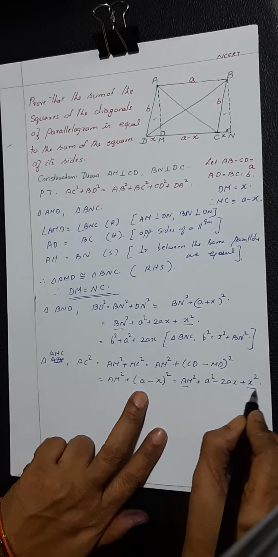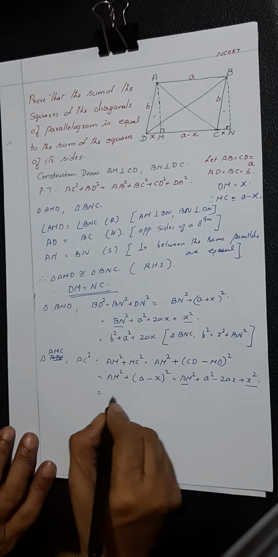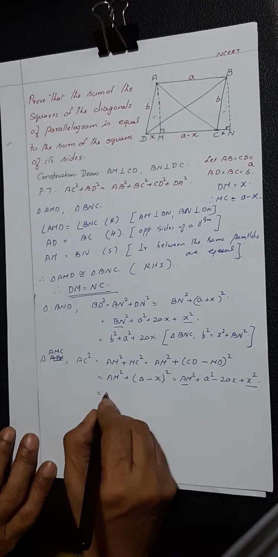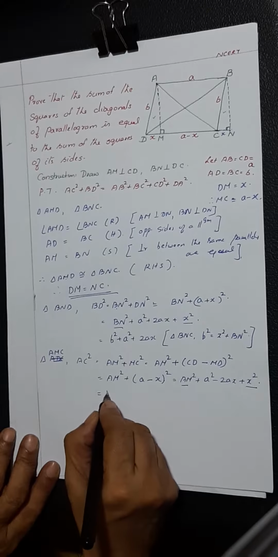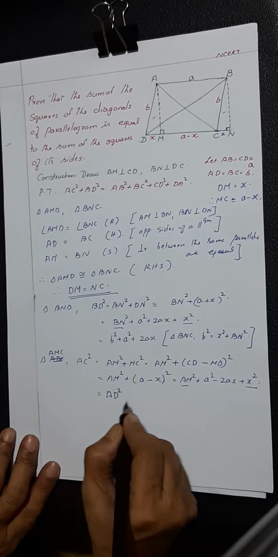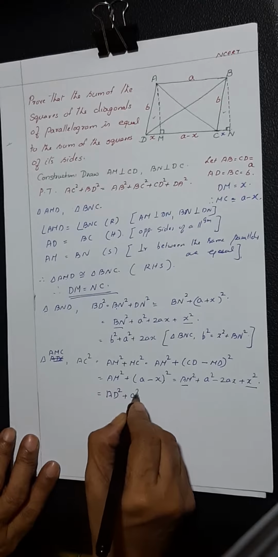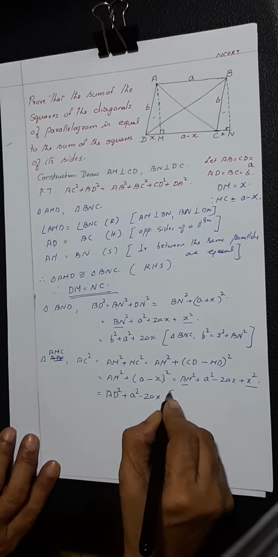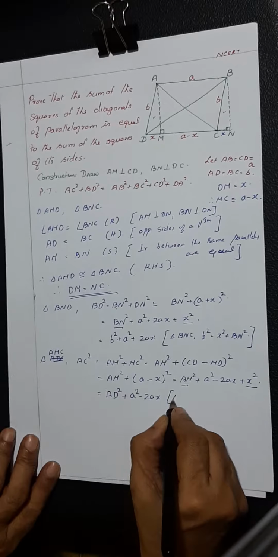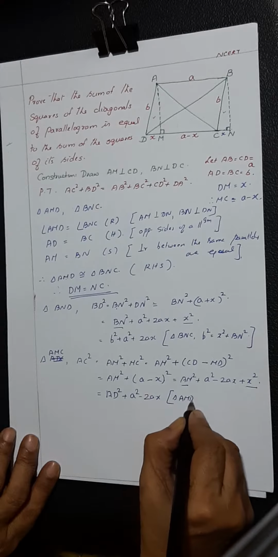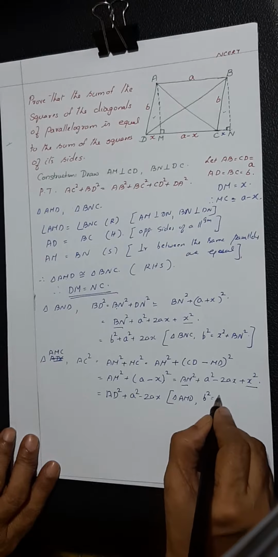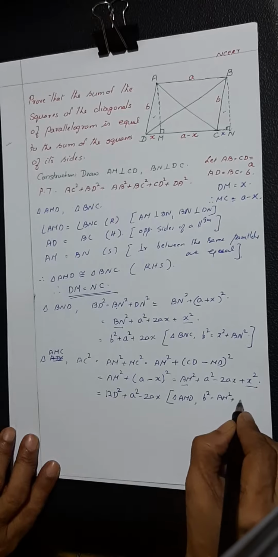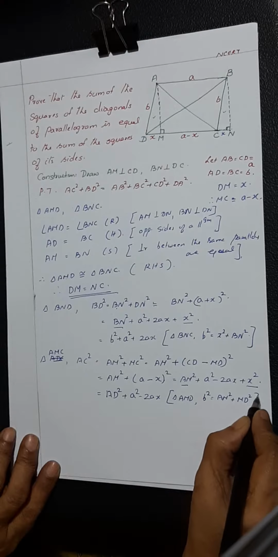So this is equal to B squared plus A squared minus 2AX. The reason is, in triangle AMD, B squared is equal to AM squared plus MD squared.